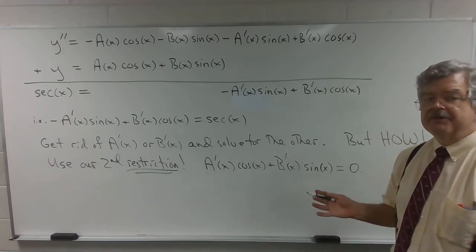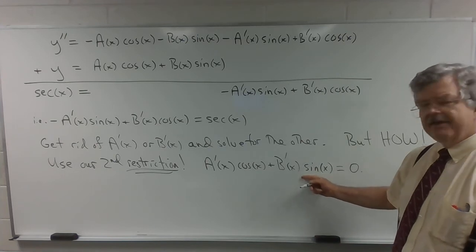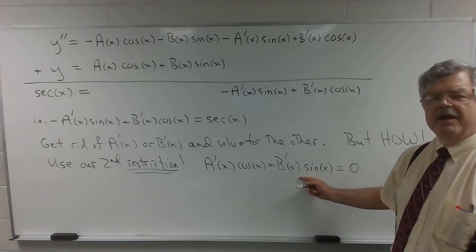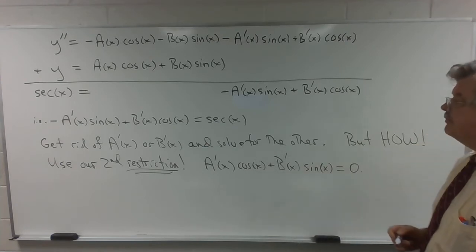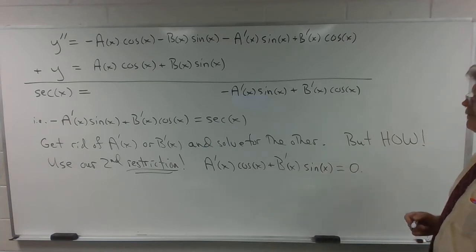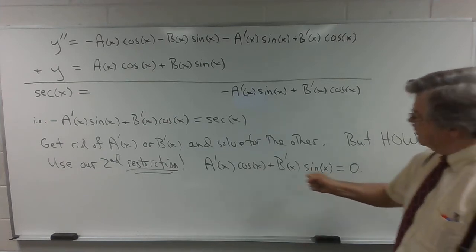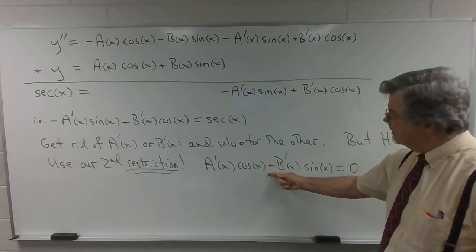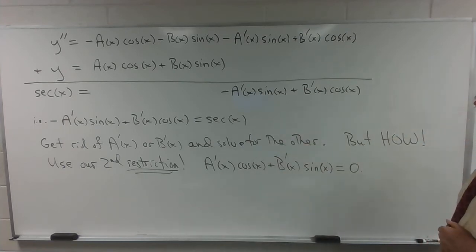Well, that assumption is still valid. And we're free to use this assumption as many times as we want if it's to our advantage. So somehow combine this equation with that equation to get rid of either a prime of x or b prime of x.